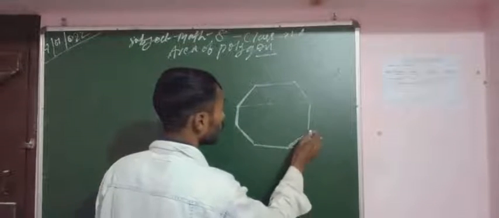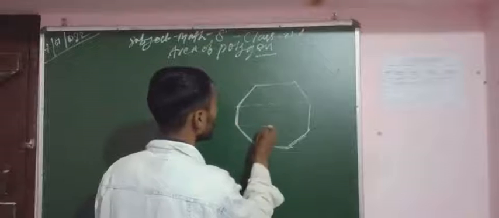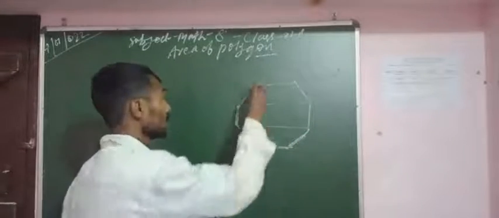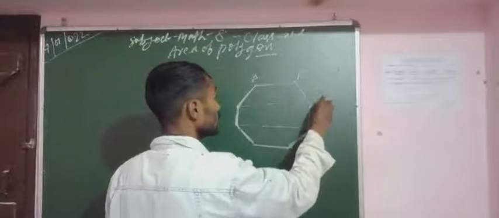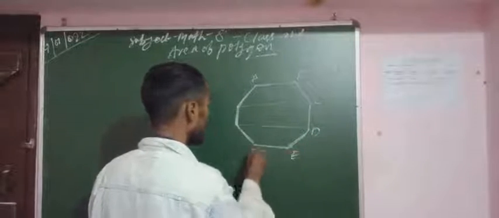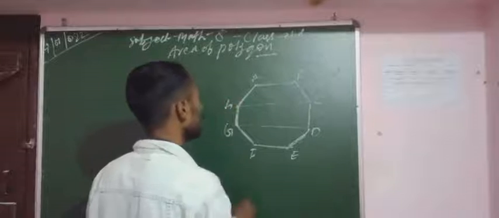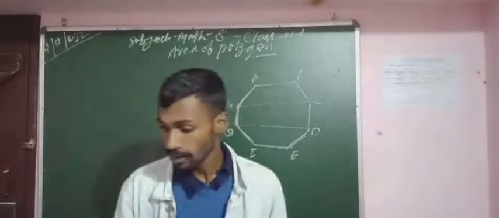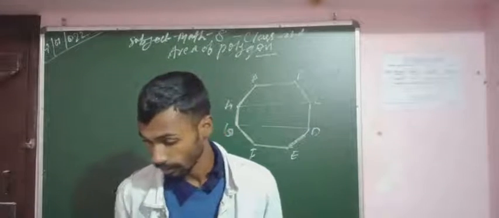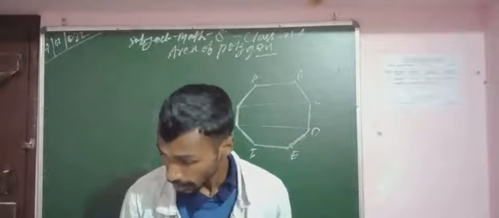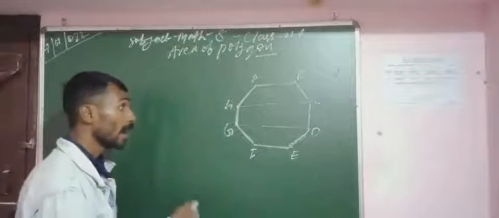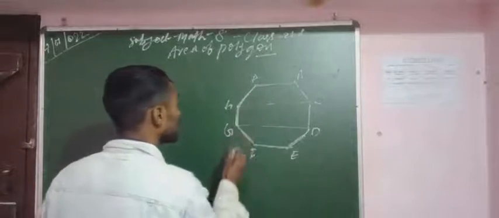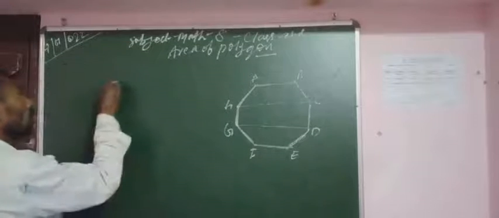This line is parallel to this line, this line is parallel to this line. We can mention the names A, B, C, D, E, F, G, H. It's a regular octagon, having each side equal to 5 centimeter. That means there are 8 sides, and all sides are equal.